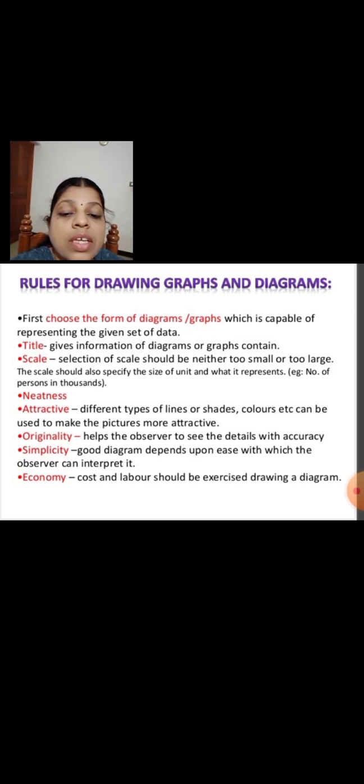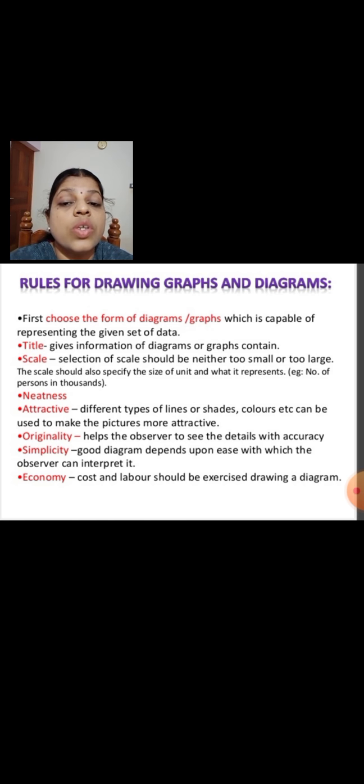By providing different shades or different colors, or we can make the lines bold or thin. To differentiate, we can use all these shades, colors as well as thickness and thinness. Through that we can differentiate each and every variable specified in that.